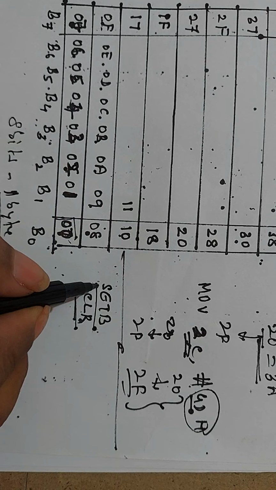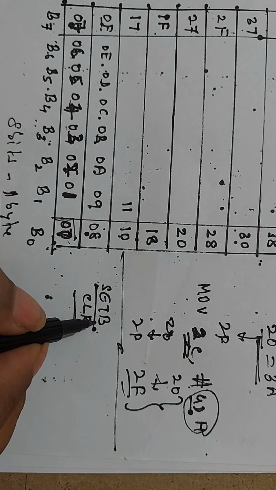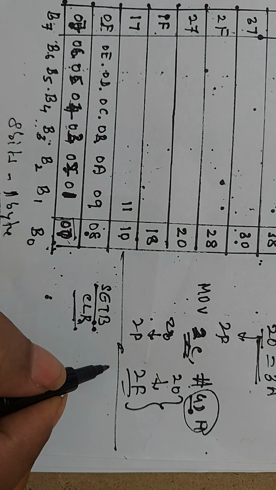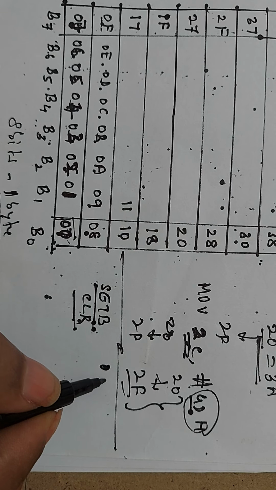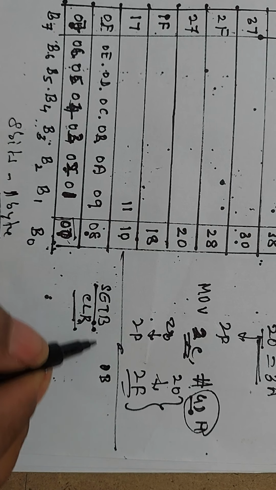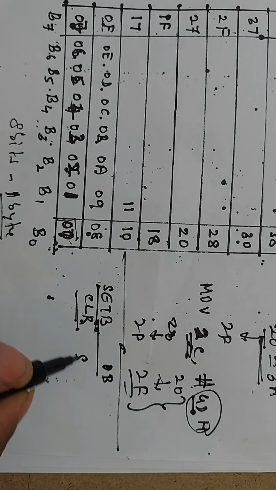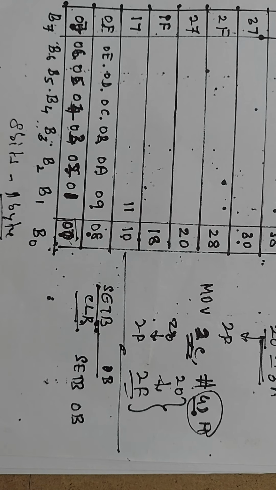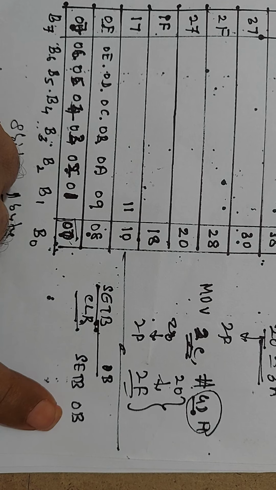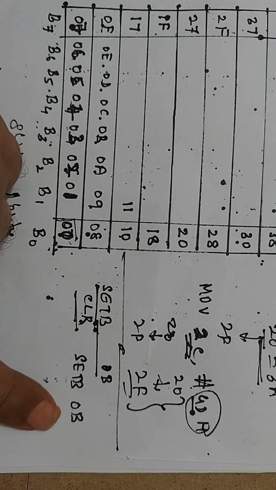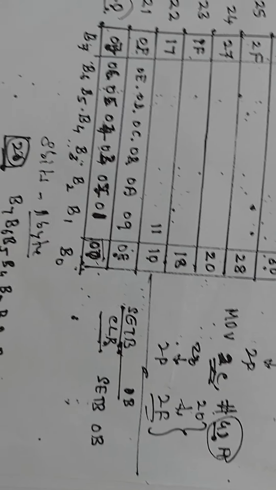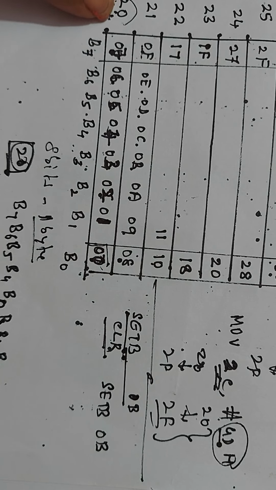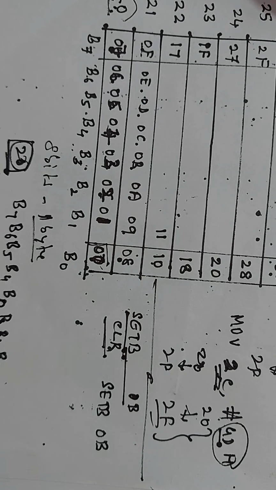Now I'll use the instruction set bit 0B. What is this? Here 0B is not a byte address. It is a bit address, because 0B is in the RAM location 20 to 2F.